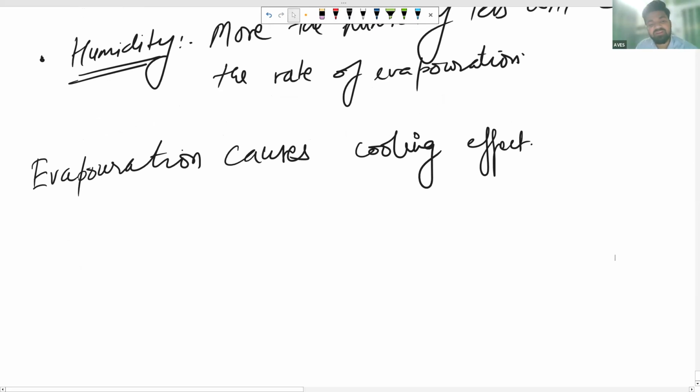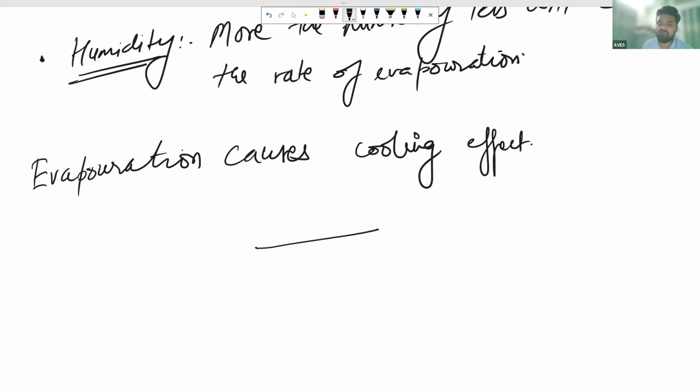Yes, in the process of evaporation, a liquid turns into a gas, so it requires some energy which it obtains from its surroundings. That's why it acts as a cooling process. Yeah, very good.